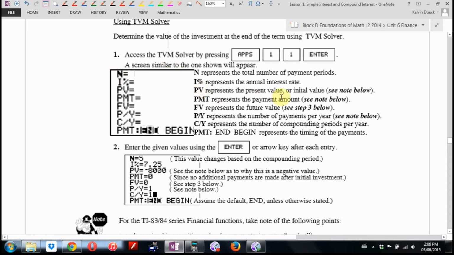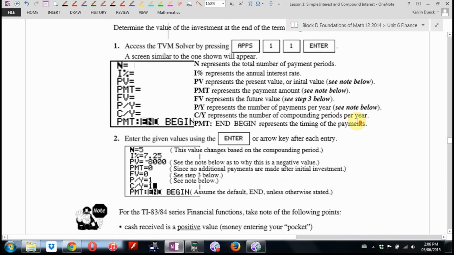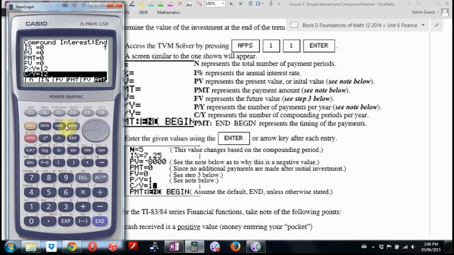Payment represents the payment amount. FV represents the future value. PY represents the number of payments per year. CY represents the number of compounding payments per year. And we don't have end and begin. We hit what we want it to find for us. I can have it solve for n, for I, for principal value, or the payment, or the final, any one of those.